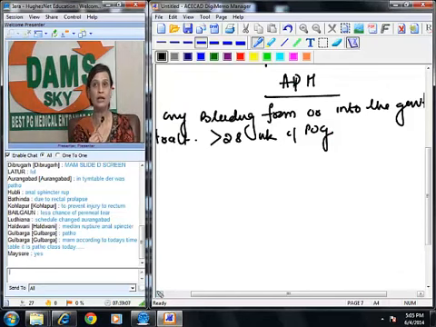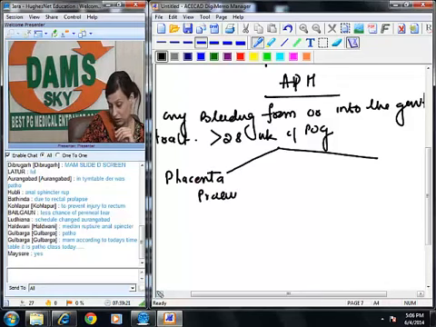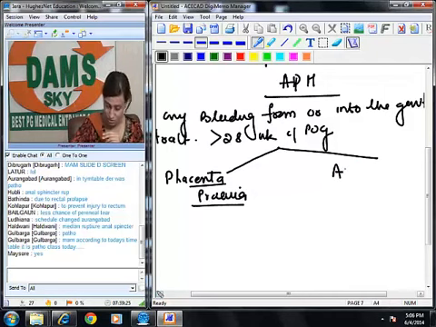So any bleeding from or into the genital tract beyond 28 weeks of POG is APH. The APH for us is mainly of two types. It can be either placenta previa or it can be abruption.